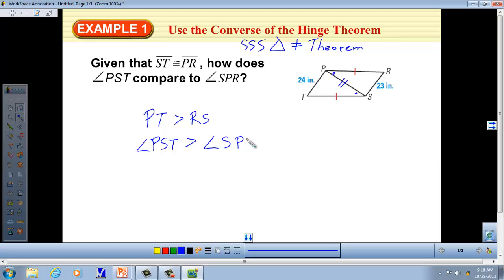And the reason for that is going back to the last section when we talked about big sides being opposite big angles and small angles being opposite small sides. If the top and the bottom are congruent and this middle part are congruent, but these sides right here aren't congruent, then since this third side is bigger than this third side, the angles will share that same relationship, where angle PST is bigger than angle SPR.